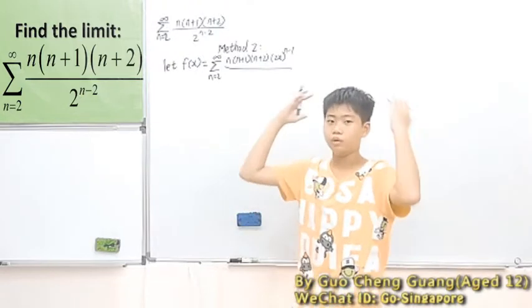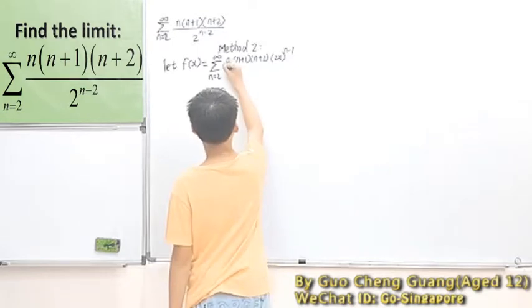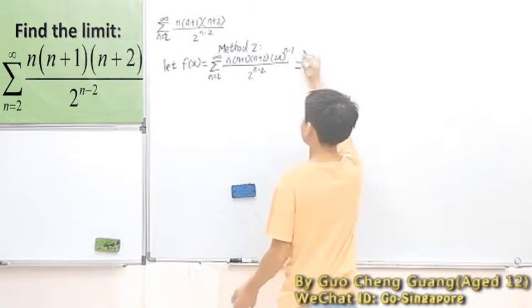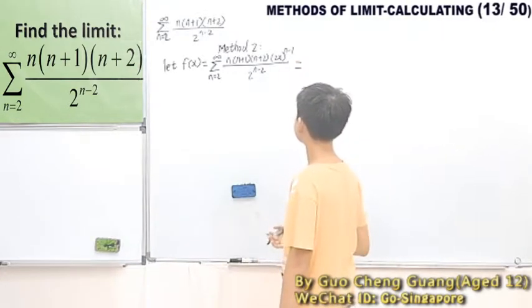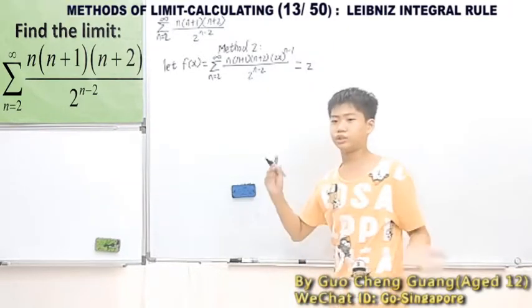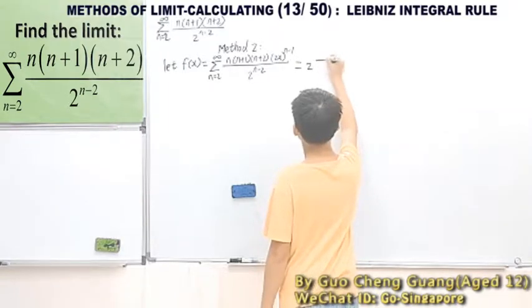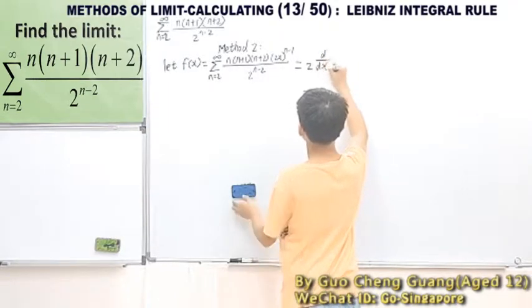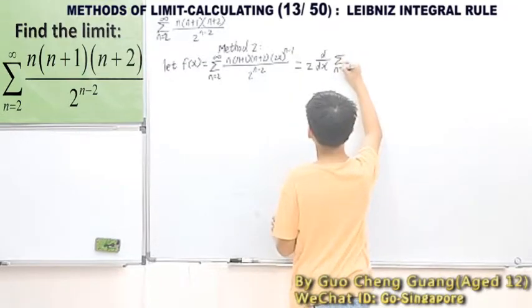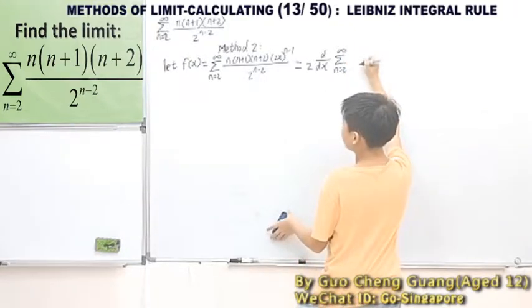X. You want to know how messy it will get. Getting this. So this part, what happens? Well, you'll just get an extra 2 out here. Then d over dx. Integrate.